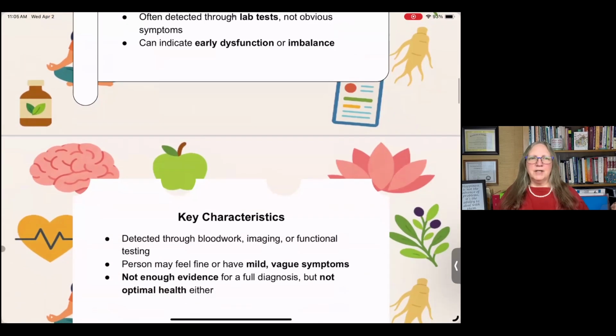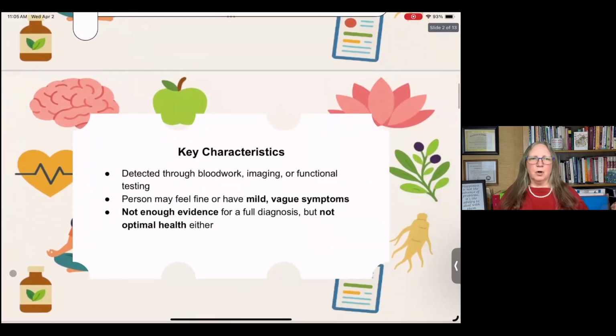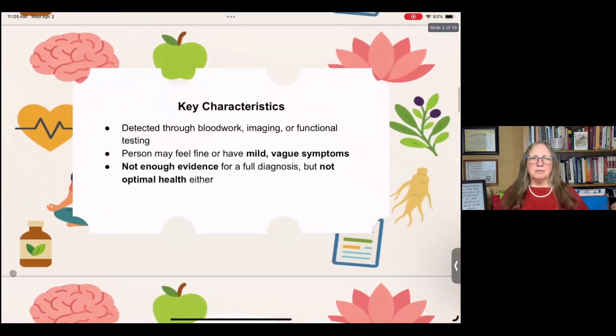So some of the key characteristics to look for: some of them are detected through blood work. Some are detected through imaging or functional testing. A person may feel fine, but still have a subclinical issue, not a diagnosable disease. Some people will have vague symptoms like, I just don't feel good, I don't know what's wrong.